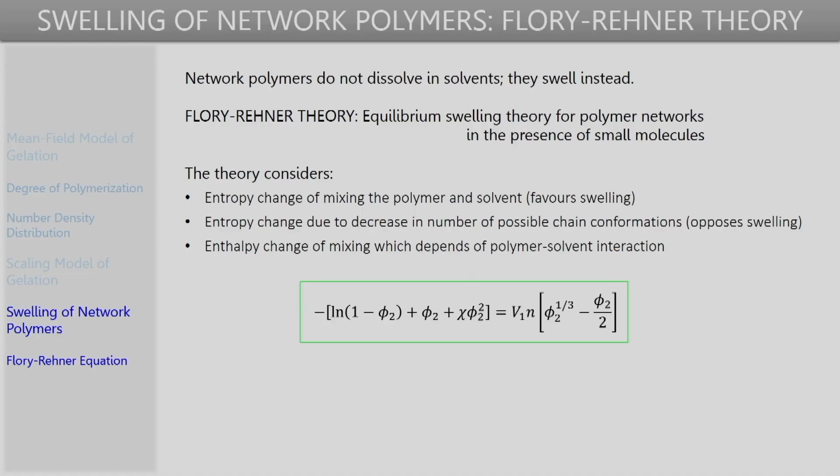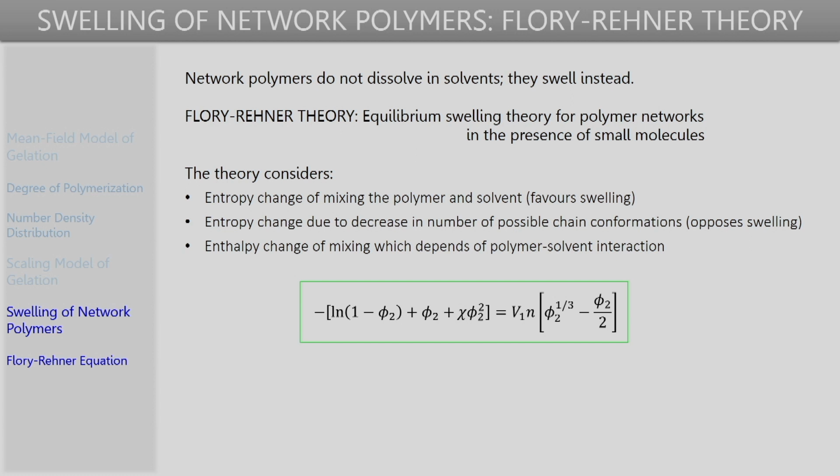Based on these 3 considerations, and using the FLORY-Huggins approach for the polymer solvent mixing behavior and the theory of elasticity of elastomers for considering the stretching of the network chain segments, FLORY-REHNER came up with the expression for describing the swelling of network polymers.